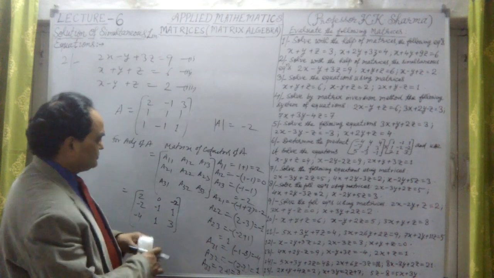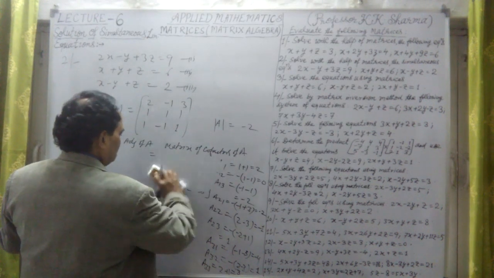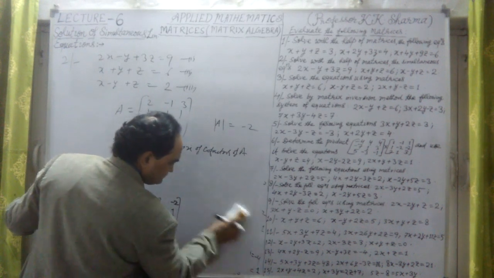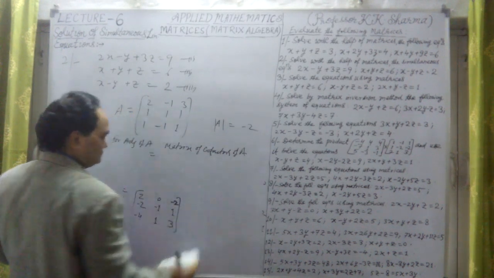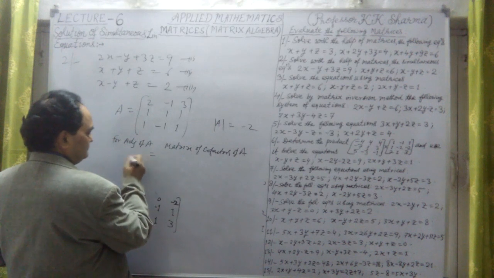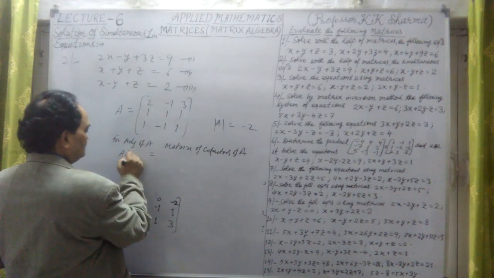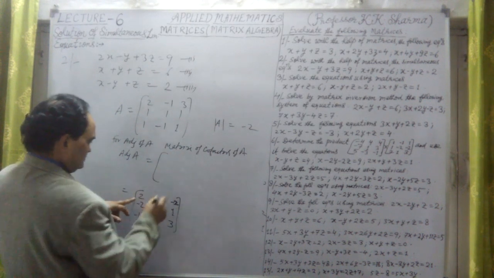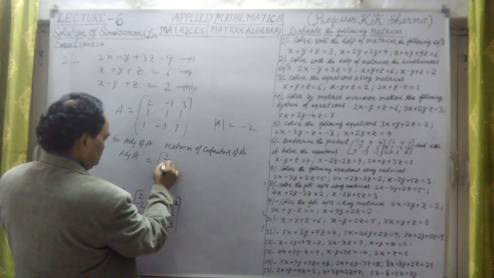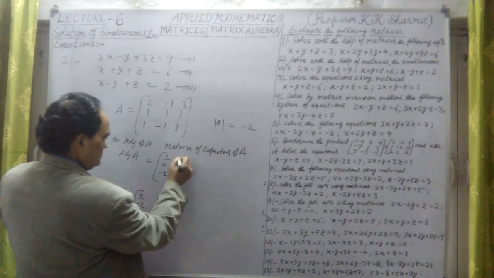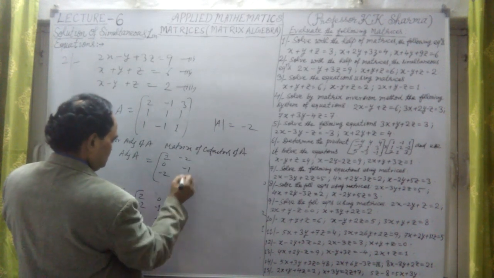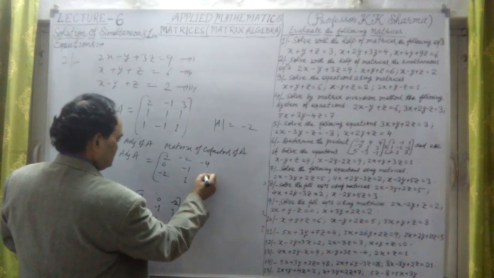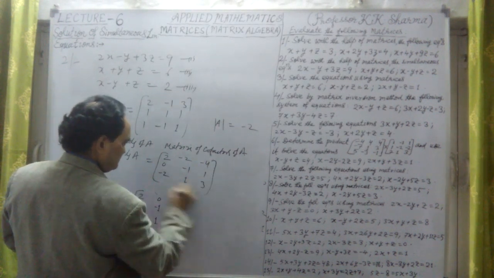Now we have to transpose this. By transposing this, the adjoint of A is obtained. So the adjoint of A is equal to transposing this: 2 0 minus 2, minus 2 minus 1, and this is 1, this is minus 4 1 and 3.